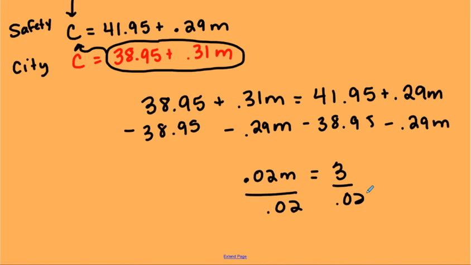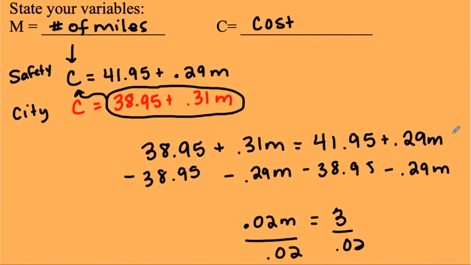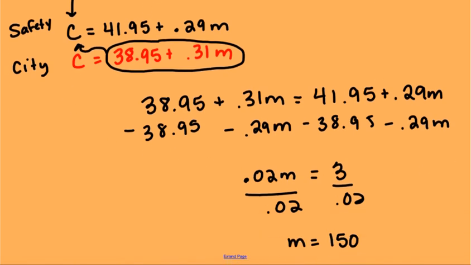So 3 divided by 0.02 is going to give me 150. All right, so let's see if we can answer the question. For what mileage is the cost the same? 150 miles.